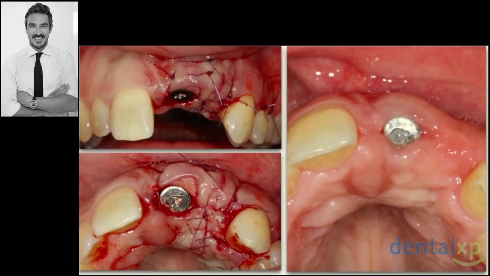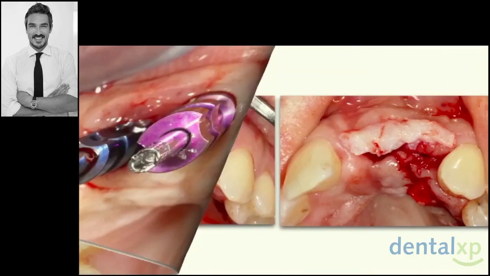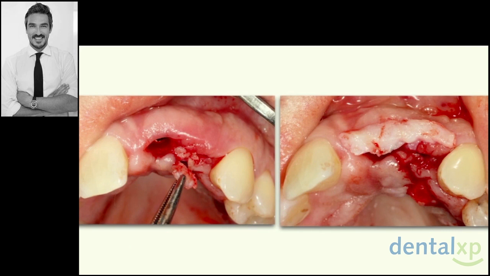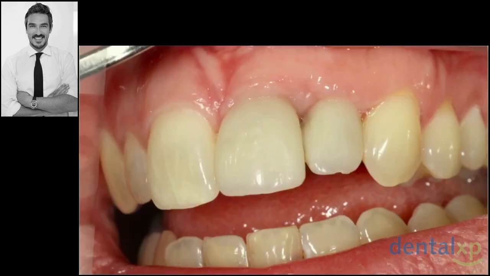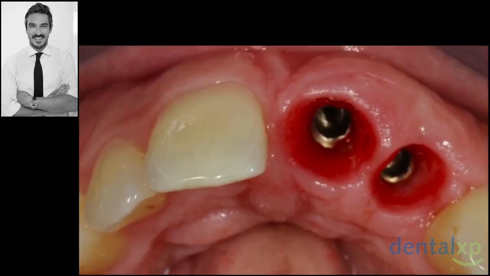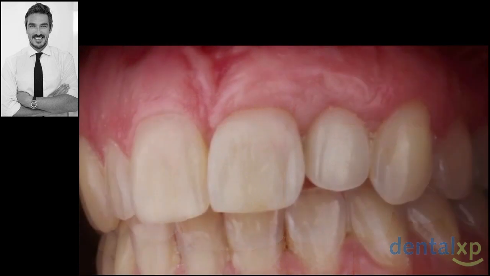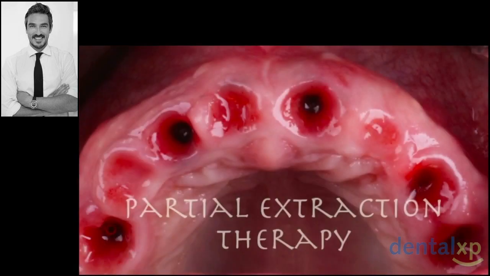Immediately after surgery and healing after 3 months, an impression was taken and another soft tissue volume augmentation with free and pediculated connective tissue graft was done. 6 months after provisional delivery, nice emergence profiles.